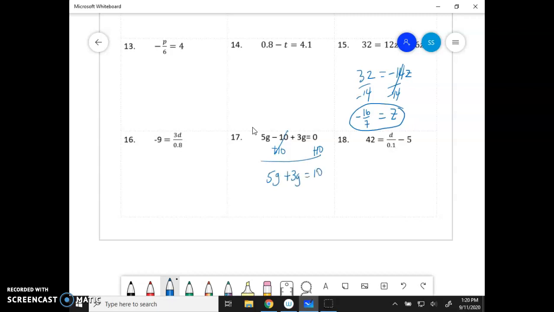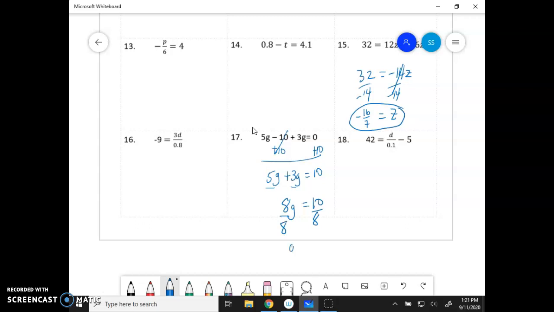And now we can combine these like terms. 5 g's here, 3 g's there, a total of 8 g's over 10. And then this is really 8 times g, so I've got to get rid of it by doing the opposite, which is division.